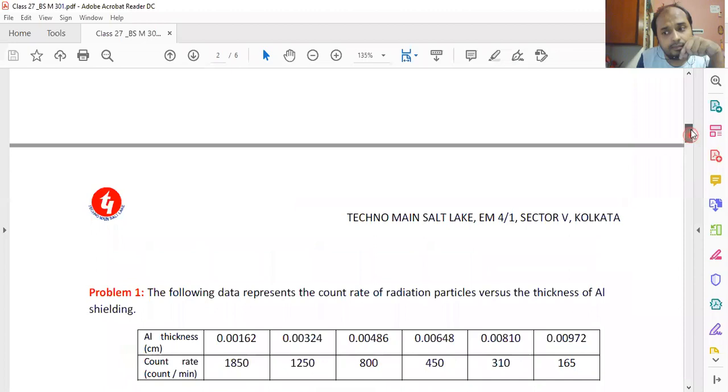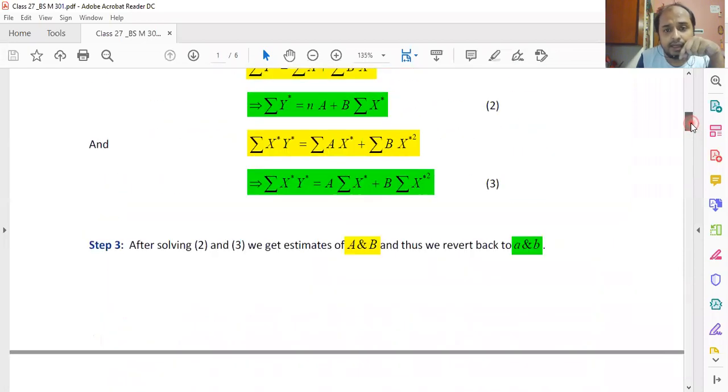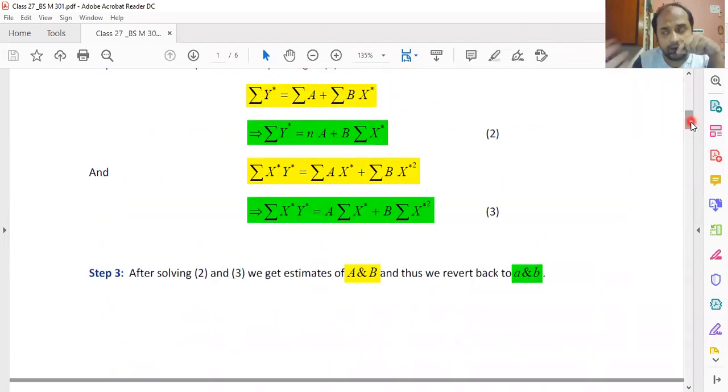Now, students often try to remember the normal equations, or when they do the statistical calculation, they try to memorize what columns they must introduce. You don't have to do so. Just remember the normal equation; I have already told you the trick. Study it and see what terms we need to calculate.